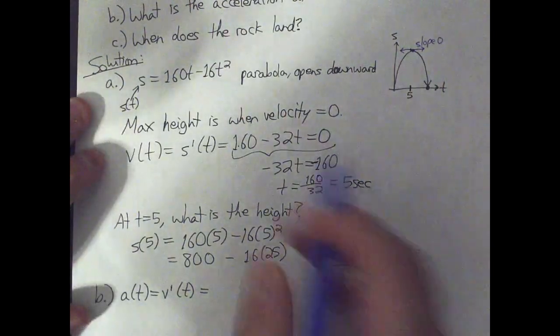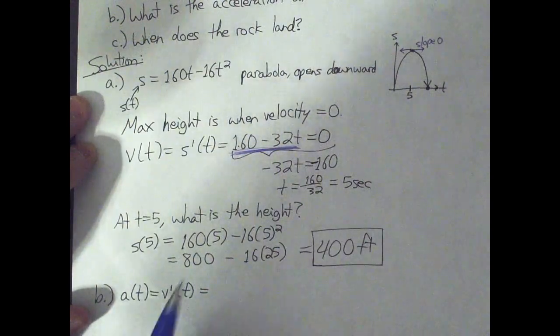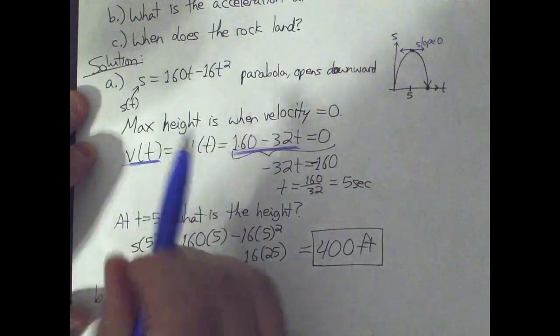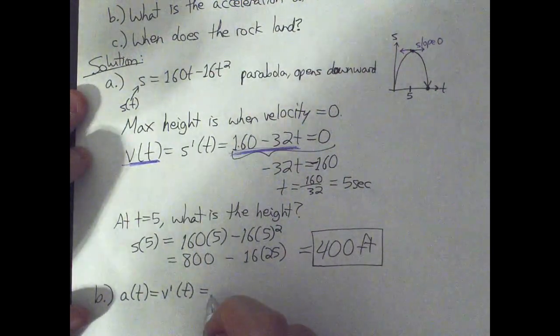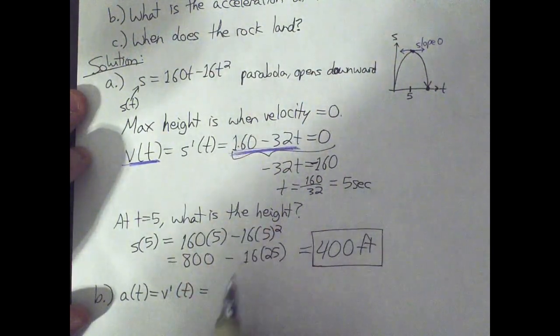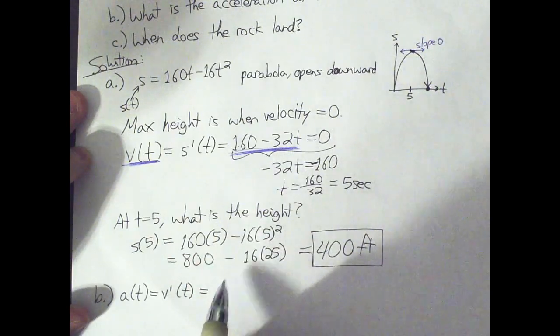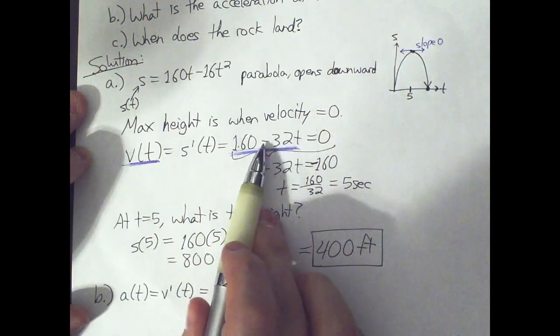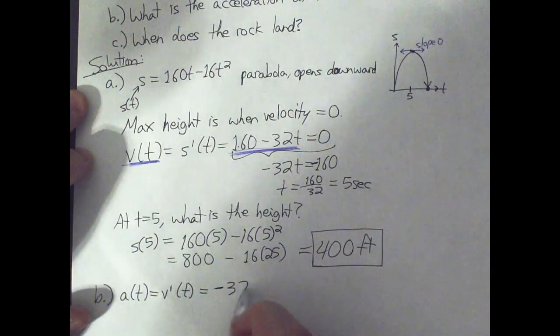I'm going to underline this part. This is v of t, right? V of t is this. We want to differentiate that. So the derivative of 160, that's a constant, so the derivative of 160 is 0. The derivative of minus 32t is minus 32.